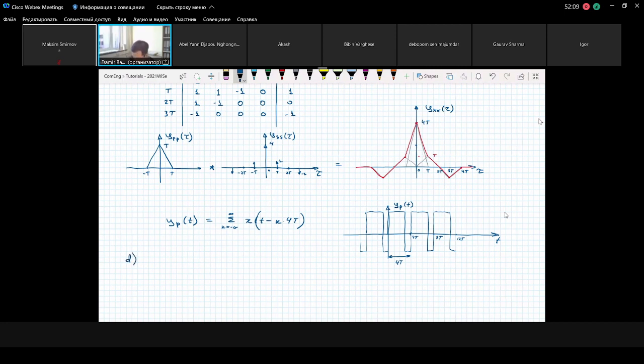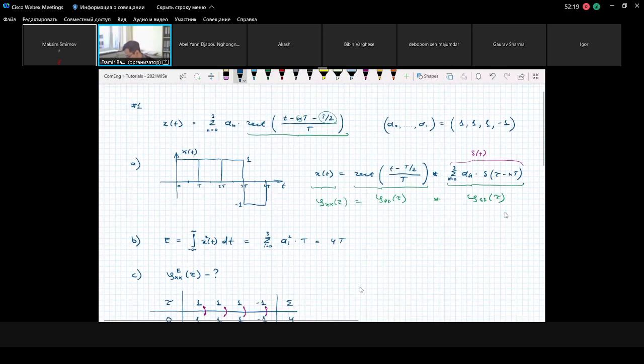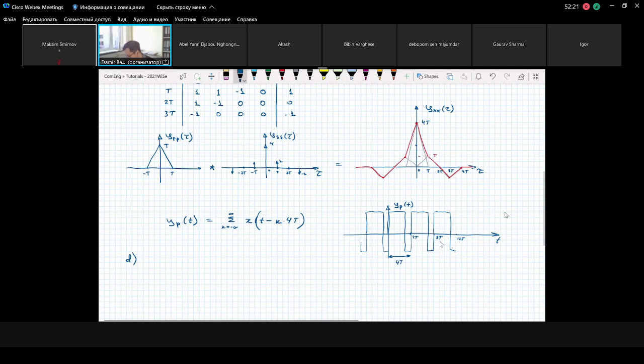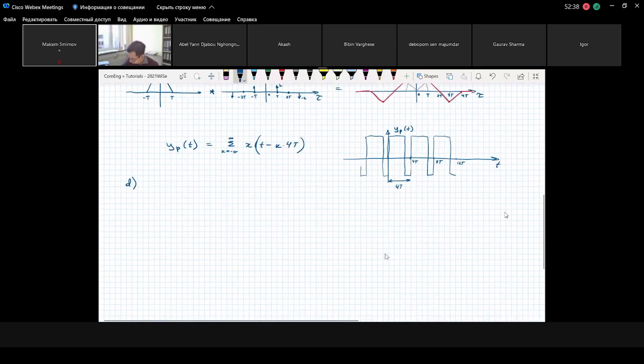This is question D. And we use the same idea as before. Even if we have a periodic signal, we can represent it as a convolution. We can even represent it as a double convolution.